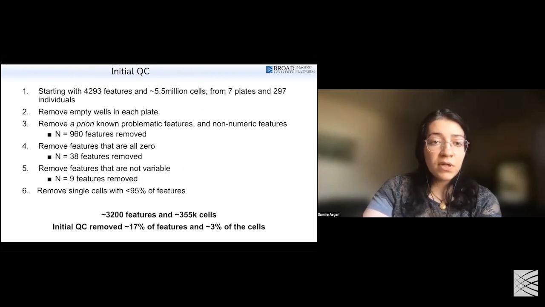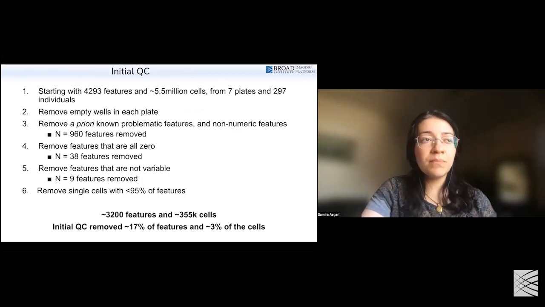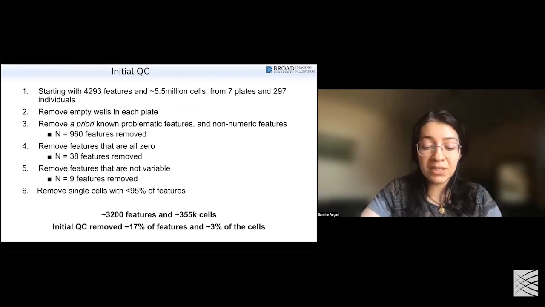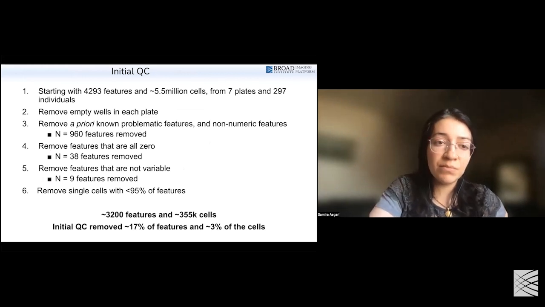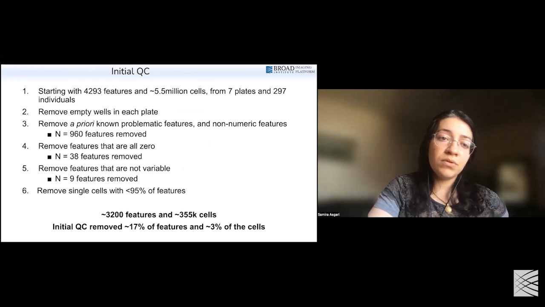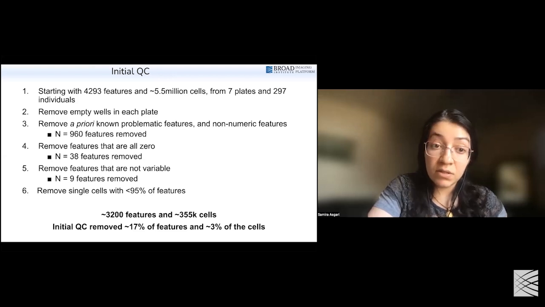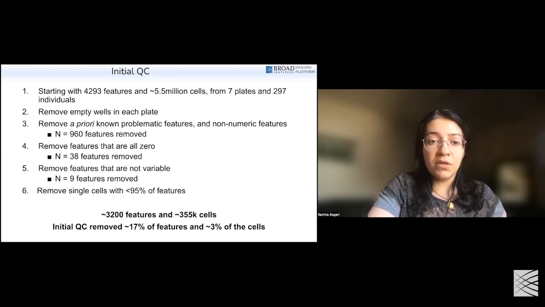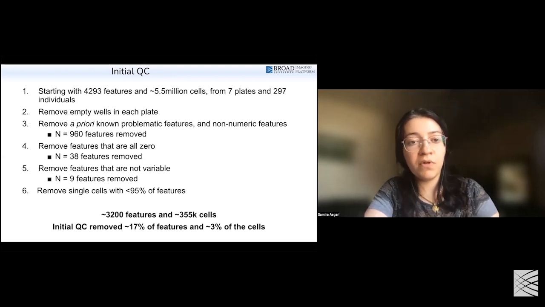In the next few slides, my goal here is not to go into the details of what we did in terms of QC. What I'm trying to give you is a sense of the extent of the data, where we started, and how we dealt with this data type that was completely novel, because it's not every day that people generate such in-depth cell profiling, cell morphology profiling data.